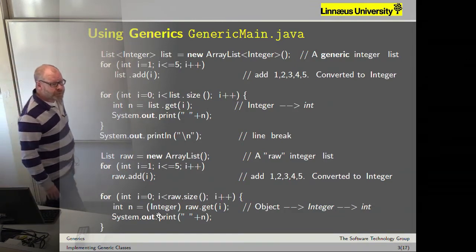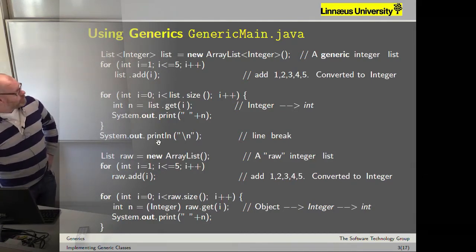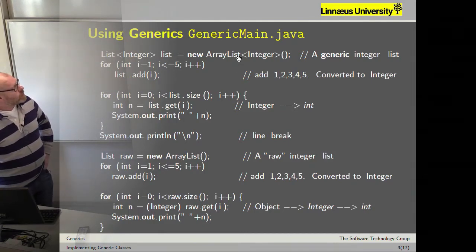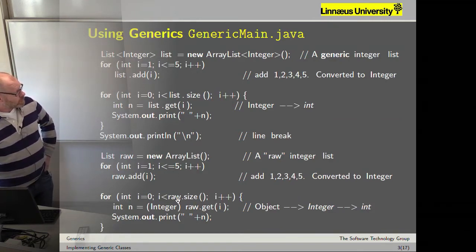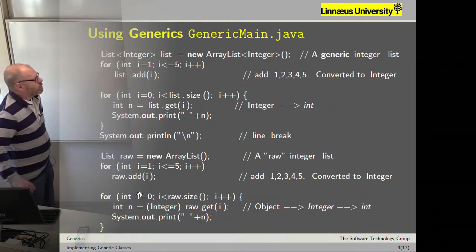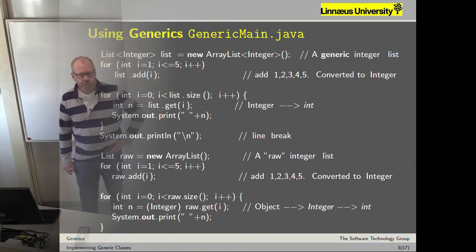Do you see the difference? In this one we have specified that everything inside it is an integer, so when we are picking it out, we know that it's an integer. Here we have a raw version, we don't know what it is, so we have to convert it into an integer here. What is the advantage and disadvantage of these two approaches?